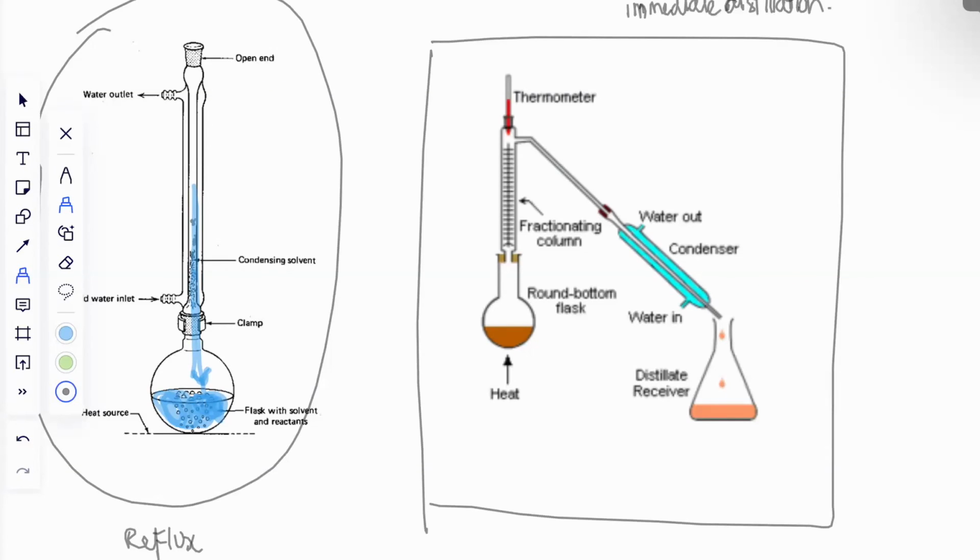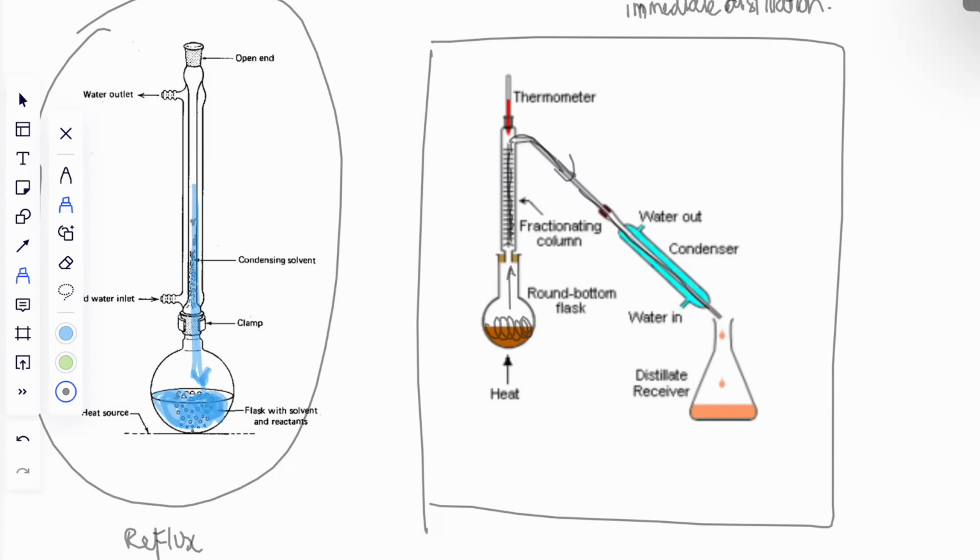What will happen? You have something here. You heat it up, then you put a fractionating column here. Then the aldehyde, don't let it go back. Instead, you condense it here.